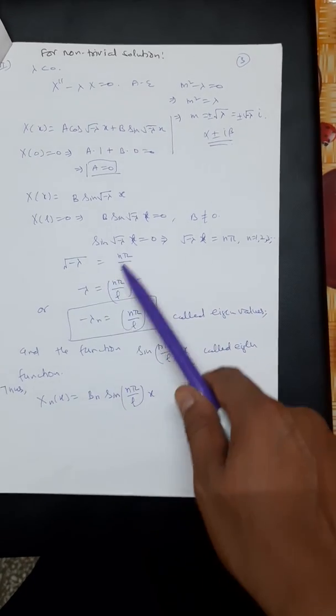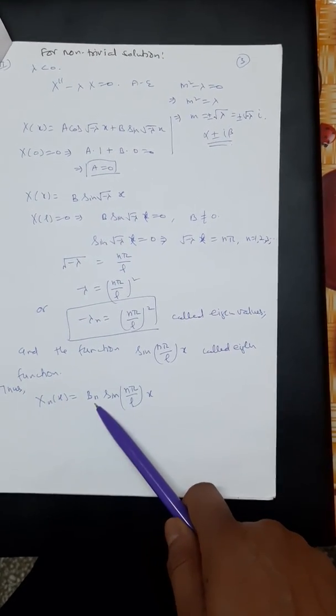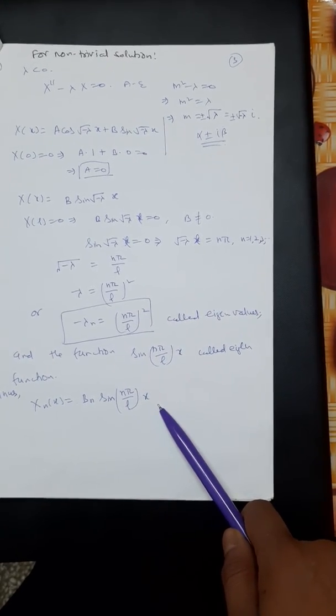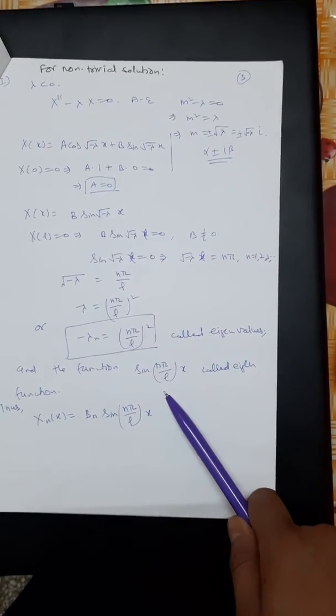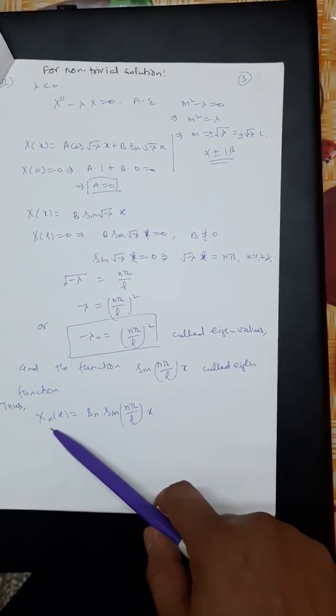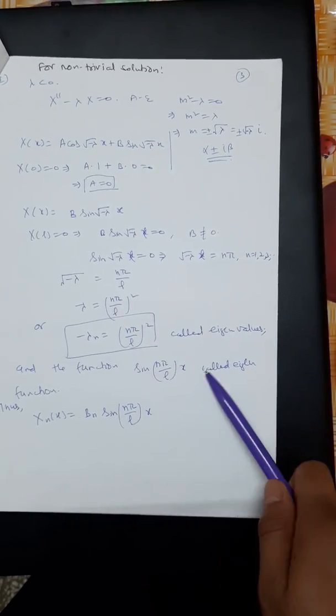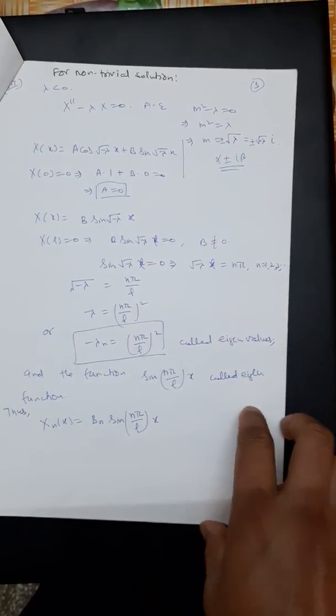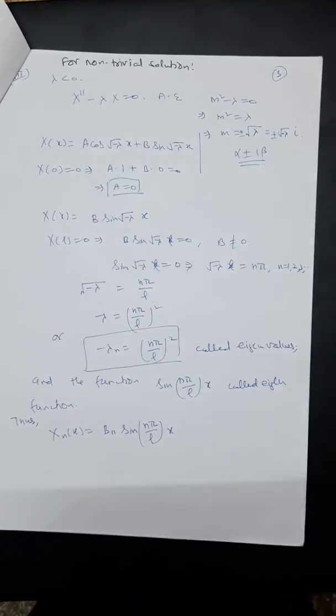So from here we have the solution Xn equals bn sine (n pi over l) x. This is a solution for X, because there are many eigenvalues, so correspondingly we have many eigenfunctions, or solutions of this differential equation.